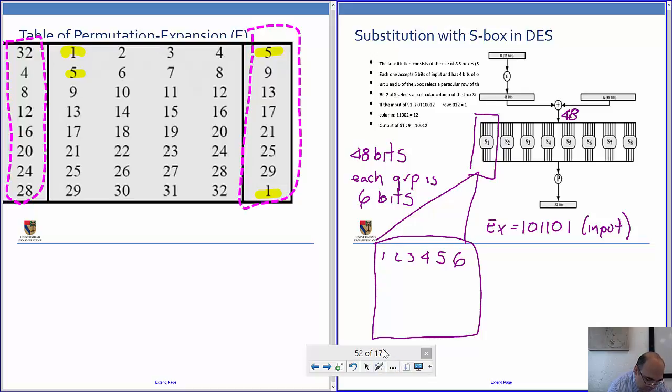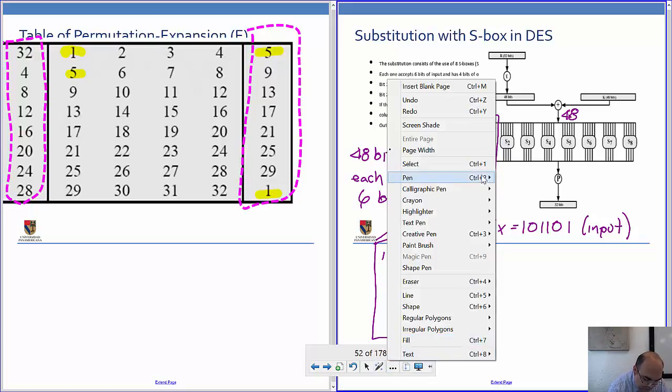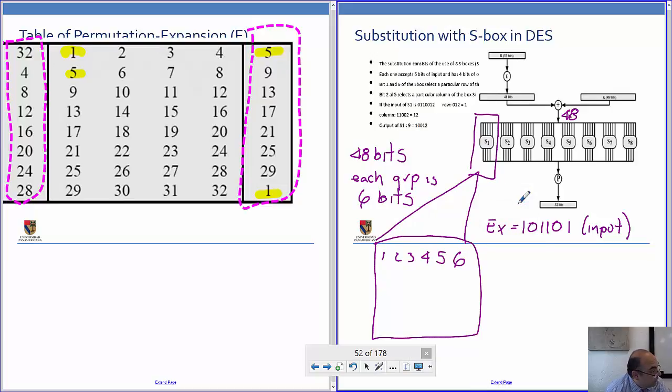What is going to be our output? Can anyone tell me? The first thing is we're going to divide this, and we are going to check the least significant and the most significant bits. So these 2 bits are 1 and 1, and in the middle we have 0, 1, 1, 0. What value is this? 1, 1?